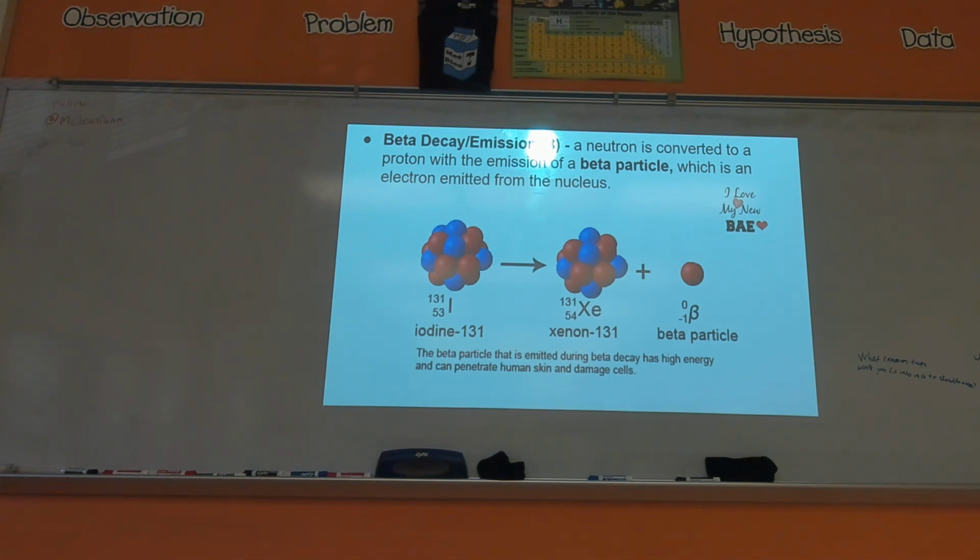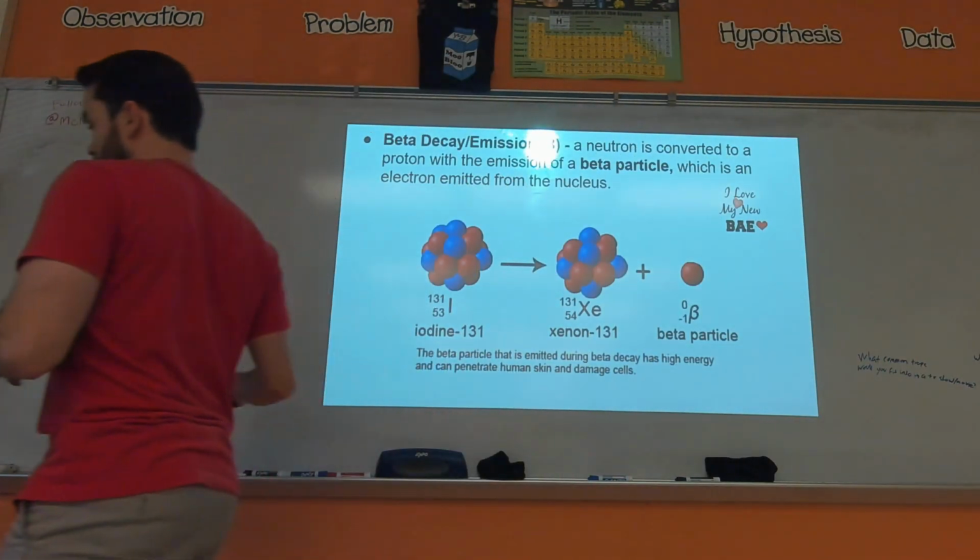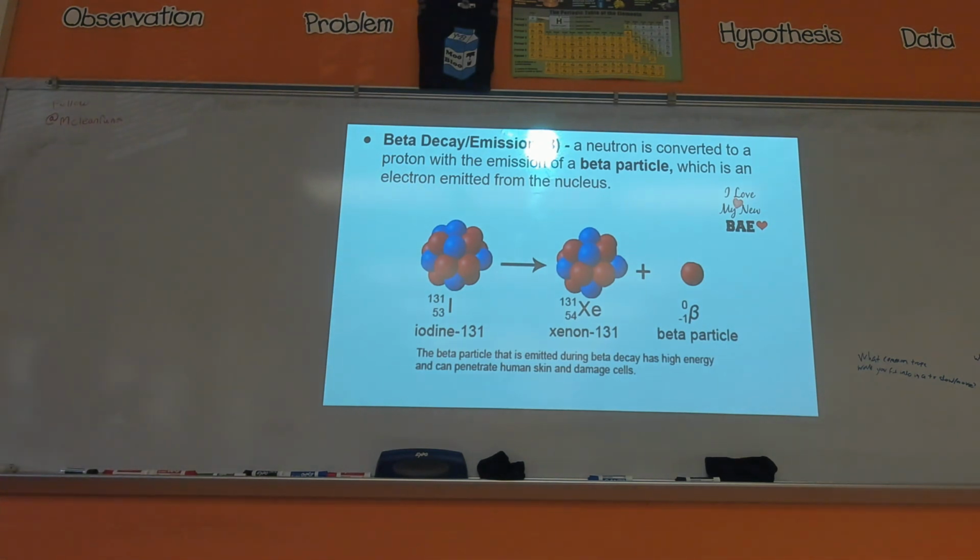So you have some radioactive atoms, some really unstable atom, and it's going to release a high energy electron. And then as a result, we're going to get ourselves to a more stable atom. In this example, iodine-131, an iodine atom with a mass of 131, if it undergoes beta decay, it's going to release this beta particle.